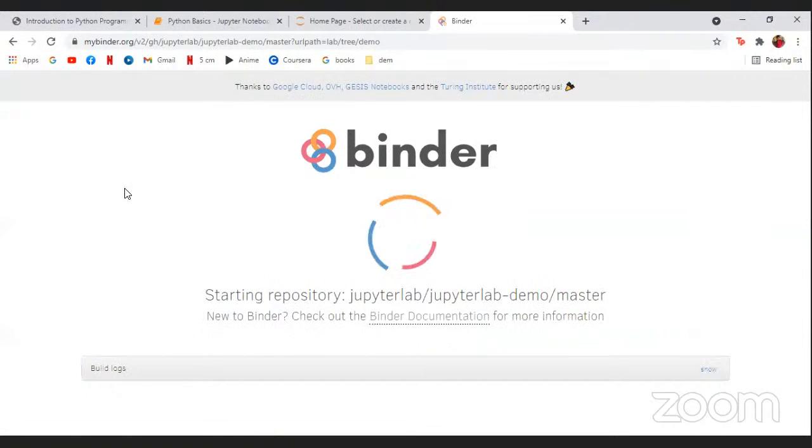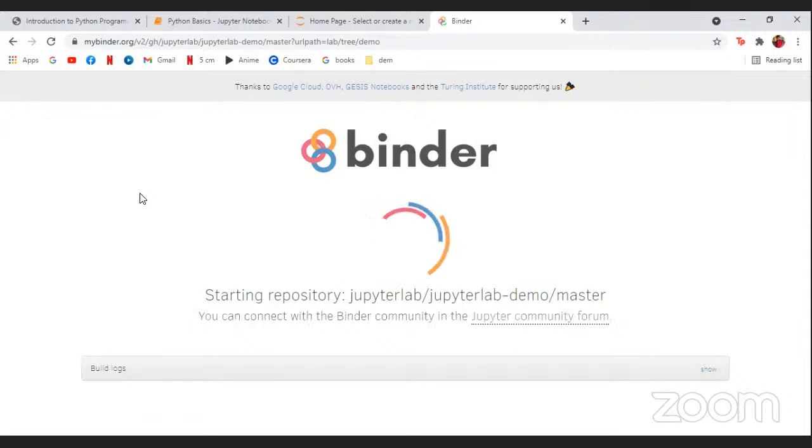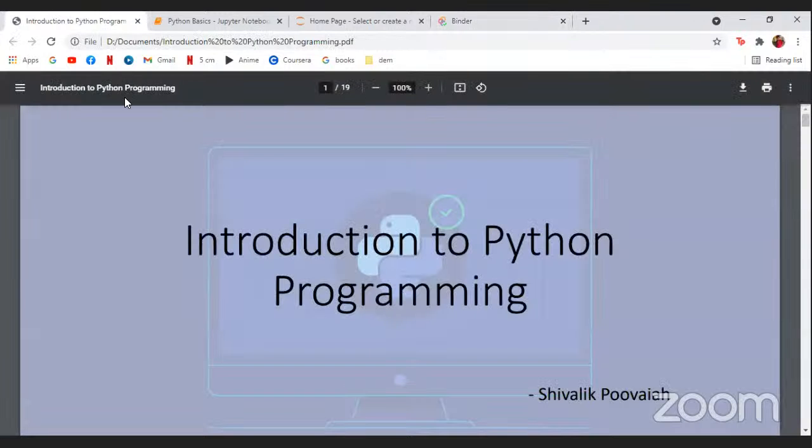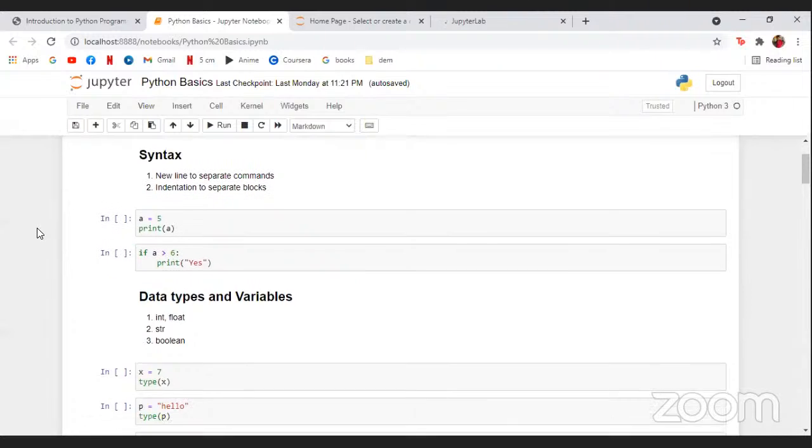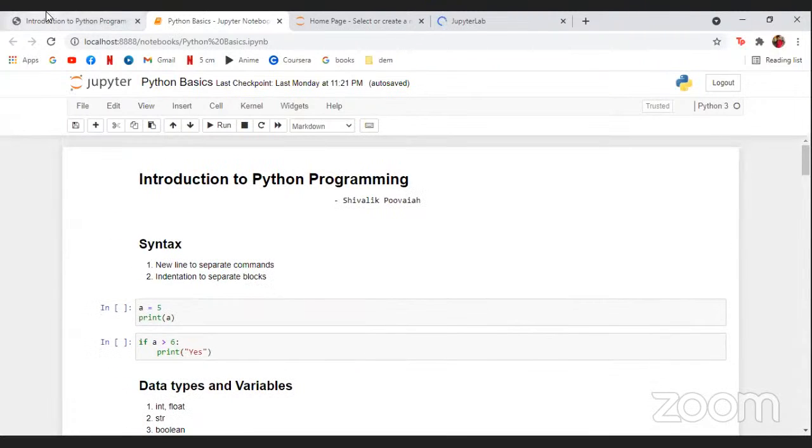Once that loads, click on Python 3, and you should be able to follow along with everything I'm executing. How this will work is I have a presentation covering the theory part, and whatever I do here will be executed in this notebook. I'll share both of these with you once I'm done, and if you need it later, you can look through that.